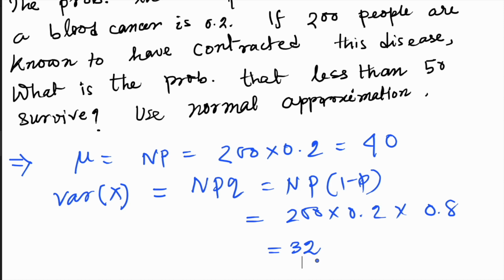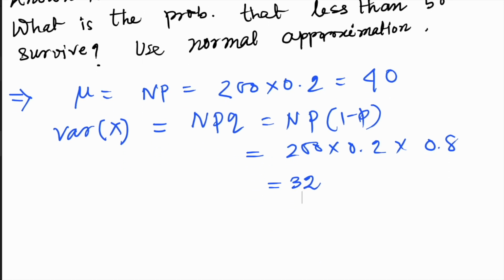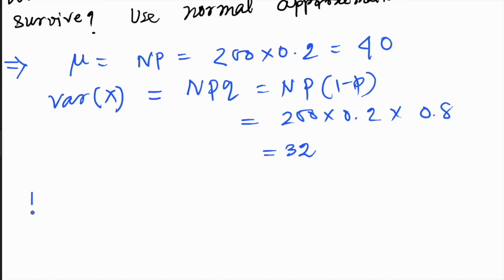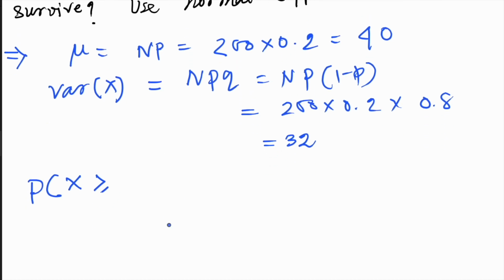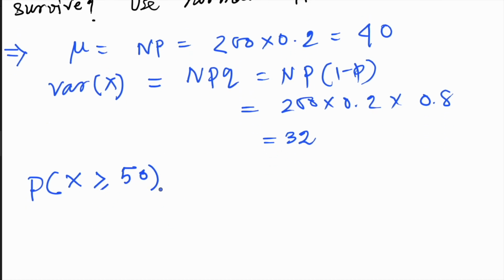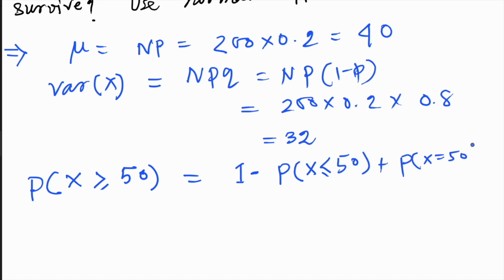Now we have to calculate the probability. Let's say we have to calculate the probability that the random variable x is greater than or equal to 50. That means you have to calculate 1 minus the probability of x less than or equal to 50 plus the probability of x equal to 50, but since x is distributed normally, a continuous distribution function, this is 0.